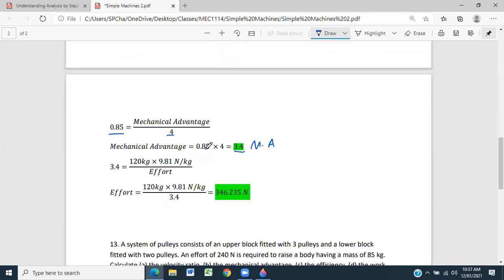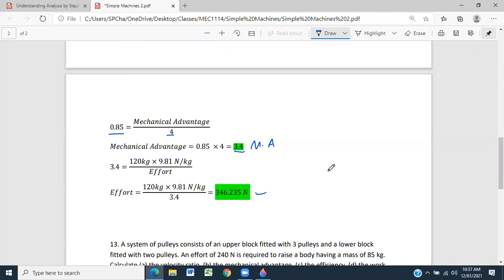The mechanical advantage, 3.4, is equal to the load divided by the effort. The load is 120 kgs times 9.81. Solving for the effort, it is equal to 120 times 9.81 divided by 3.4, which is 346.235 newtons. Just plug this into a calculator.